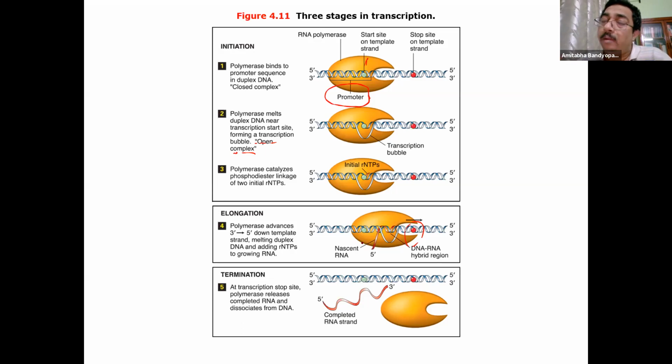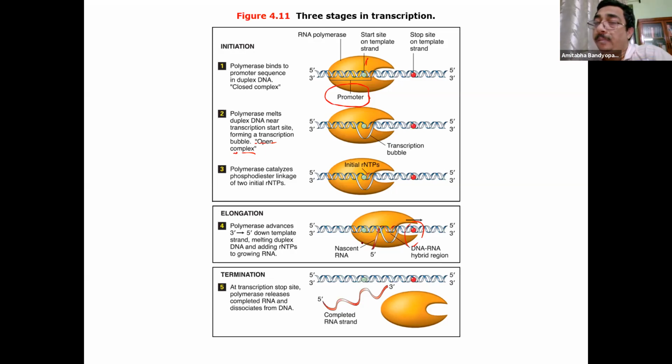Okay, so this is to be understood on multiple levels. The question is simple: where will transcription start from? You will say that is next to the promoter sequence, and you will be correct.